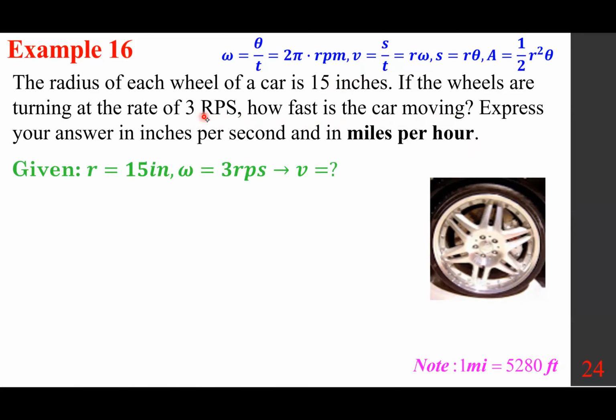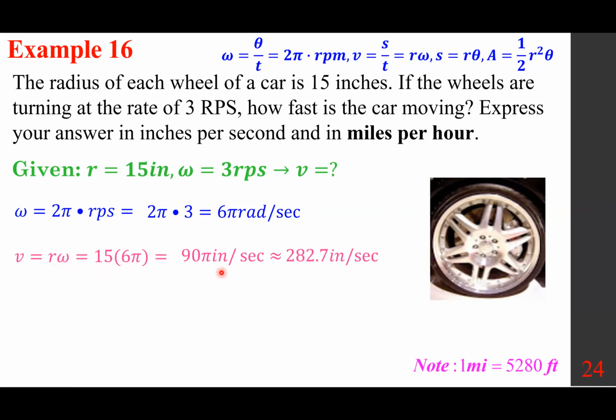The very first thing, we multiply this by 2 pi to make it radians per second. V is R omega, 15 times 6 pi makes it 90 pi inches per second.